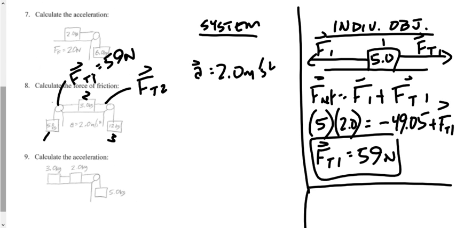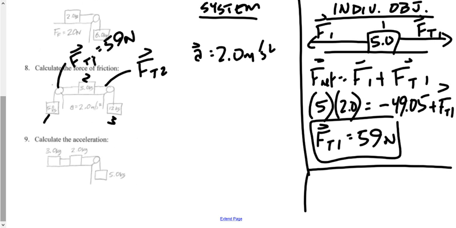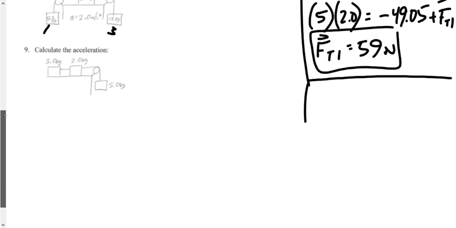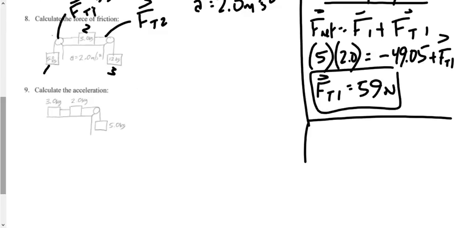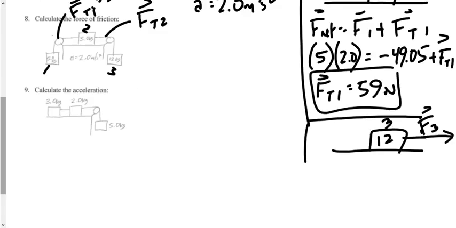So let's do that. We've got our 12 kilogram object, object number 3. It's being pulled to the right by a force of gravity. We'll call it F3. We named them F1, F2, and F3. And then we have a tension acting this way.